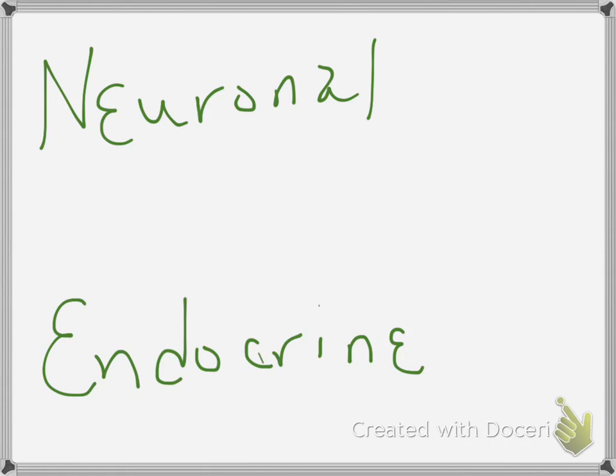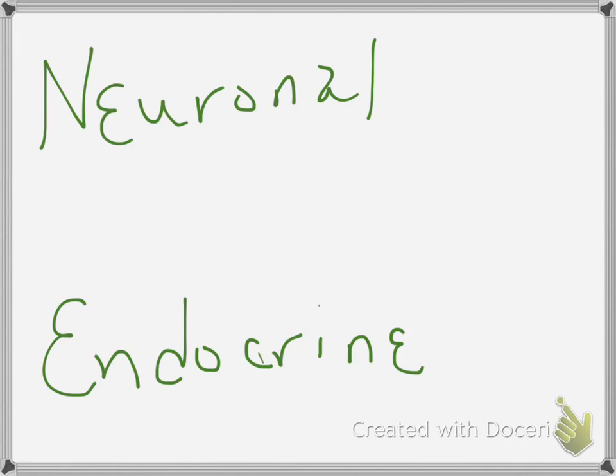Okay, what is the big difference between the two? What makes the neuronal system different from the endocrine system? Would it be like fast versus slow acting? No. Why? Because which one are you saying is fast?